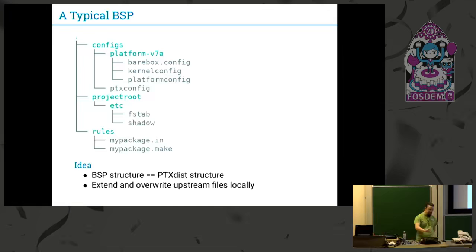So we have the same structure in PTXdist when you install it. So everything that's not found here in your BSP is searched instead in the upstream PTXdist installation folder. So you can extend PTXdist however you want and use the same structure with it.